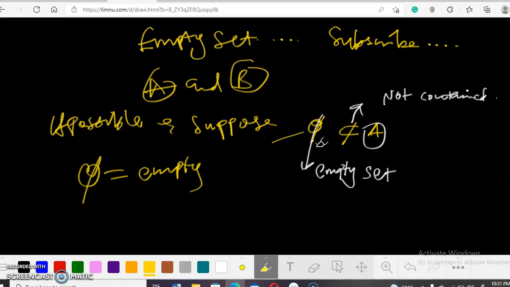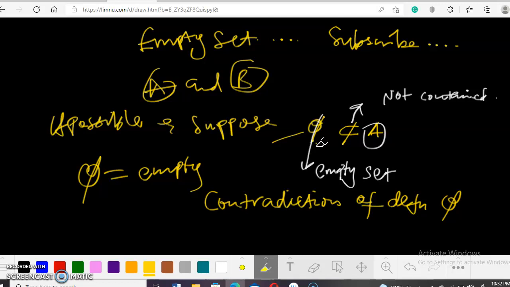It means that there is no element. But here we are saying that suppose there is an element in empty set which is not contained in A, and we know that there is no element in this empty set because an empty set is simply empty. So we can say that it is a contradiction of the definition of empty set, because by definition an empty set is simply empty.